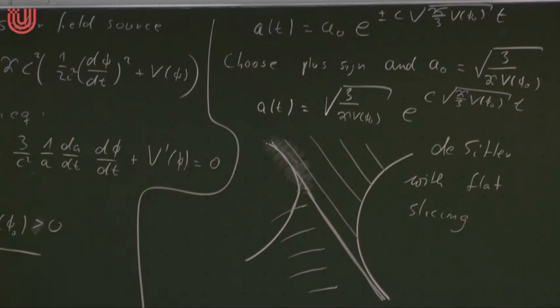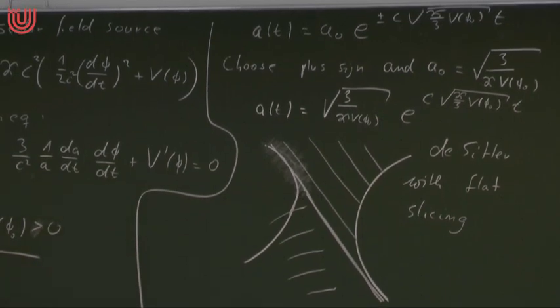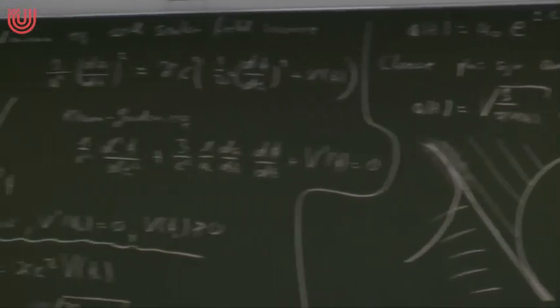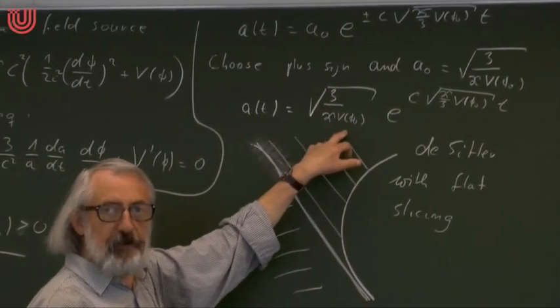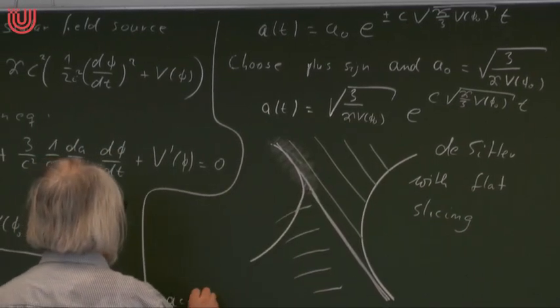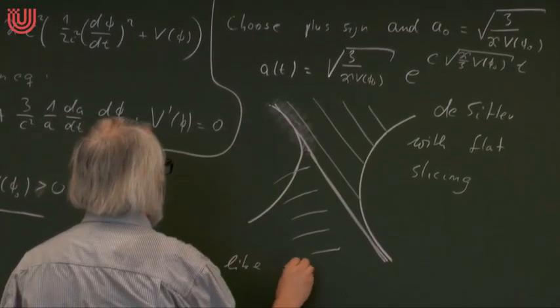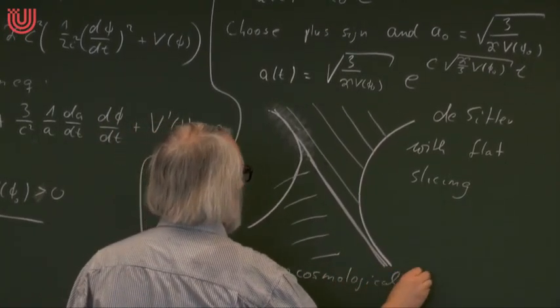And well, when we encountered the de Sitter universe for the first time, we said it was a solution with a cosmological constant. And now we say, no, we don't have a cosmological constant, we have this funny scalar field. But it acts like a cosmological constant. So what do we have to identify with lambda?